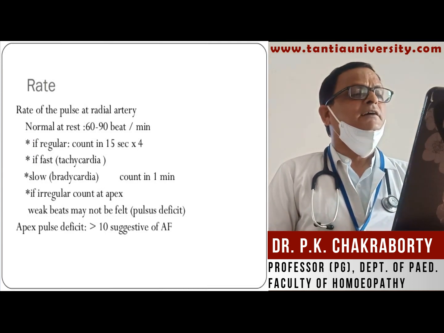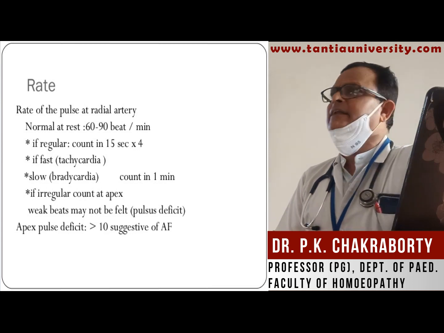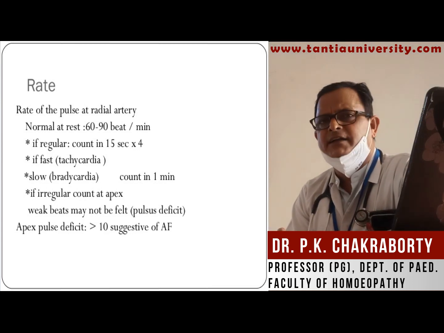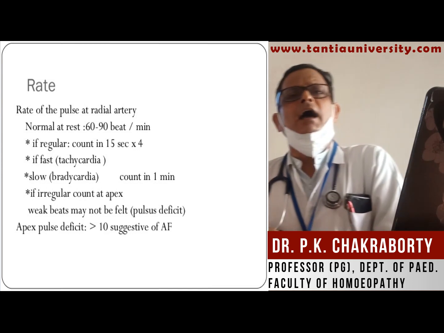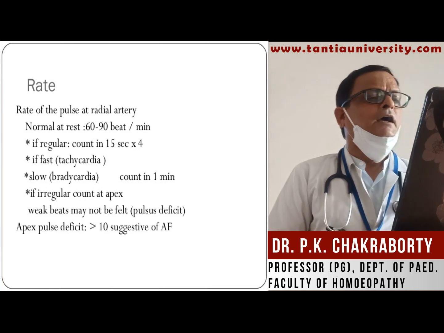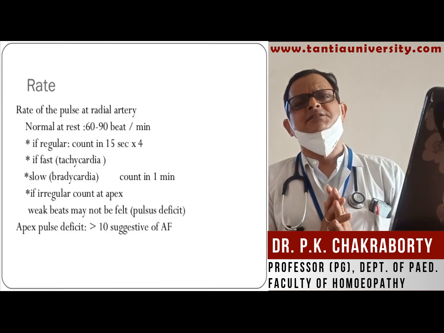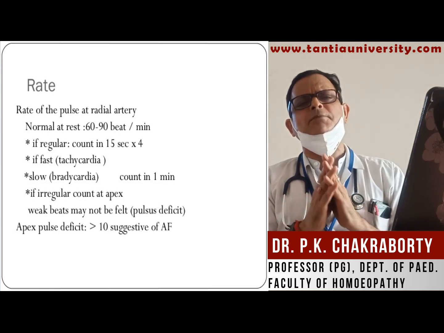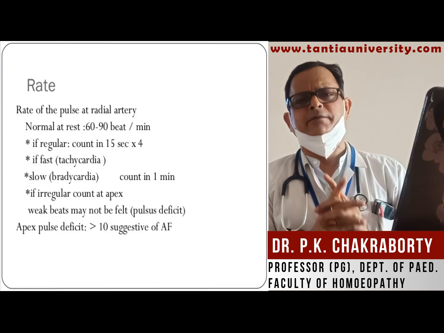If you see the rate, the normal rate is 60 to 90 beats per minute. When the beat goes above 100, we can say the patient is suffering from tachycardia, and if it is below 60, then it is bradycardia. When normally checking the pulse, if no abnormality is found on examination, then we do not have to wait for 1 minute.